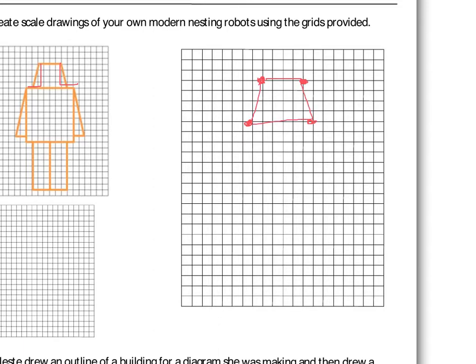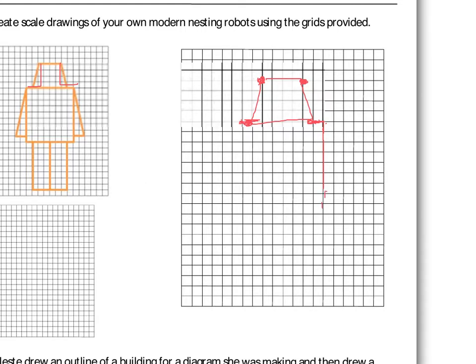And kind of here on his shoulder is 1 unit and 1 unit. Sorry for the sloppiness here. And then his body goes 1, 2, 3, 4, 5, 6, 7, 8, 9 down from his shoulder.